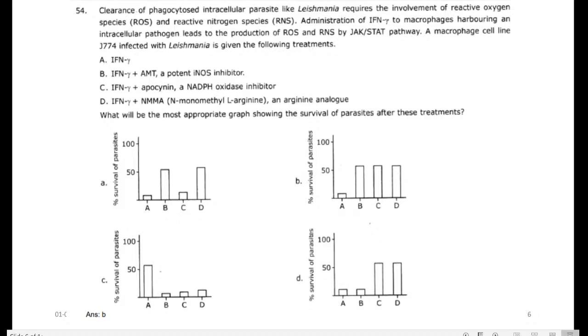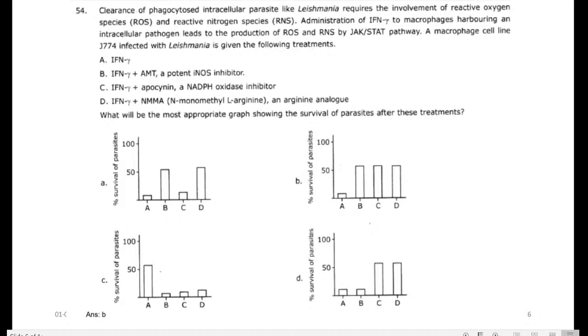The statement explains that if we want to kill that Leishmania, it needs the involvement of ROS and RNS. So this is a clear statement. If you want to kill it, we want ROS and RNS.